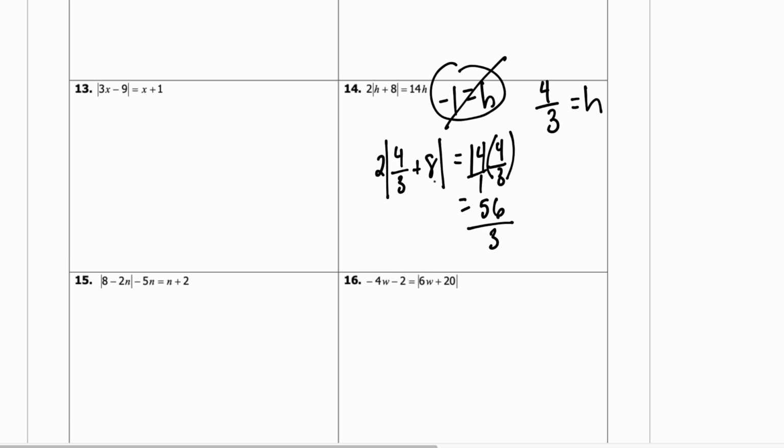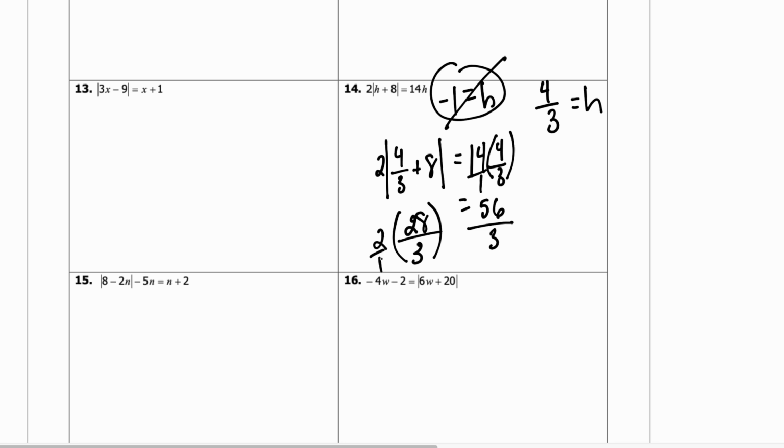And in order to add, we need to change these to be the same denominator. One quick trick I like to do is multiply this number by this denominator, then add it to the 4. So 8 times 3 is 24, and 24 plus 4 is 28. So this is going to be 28/3 times 2.